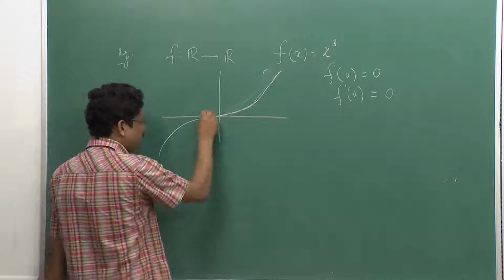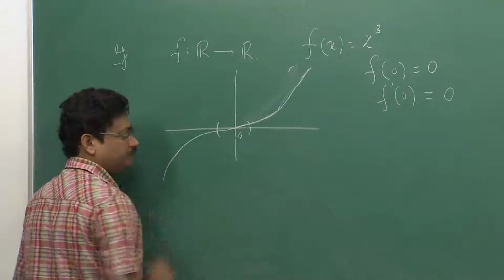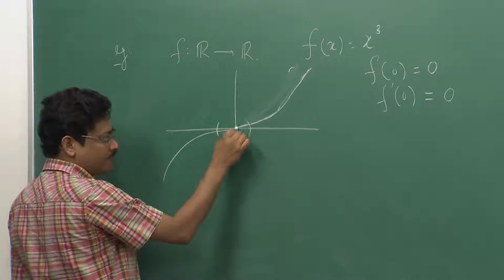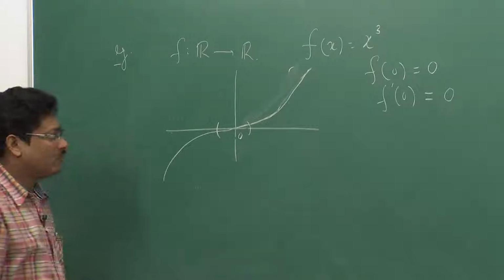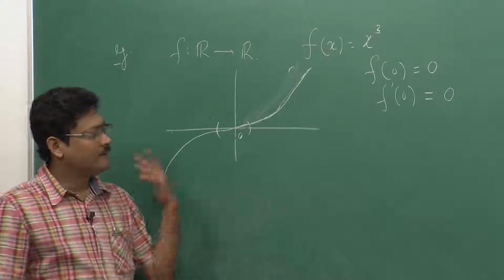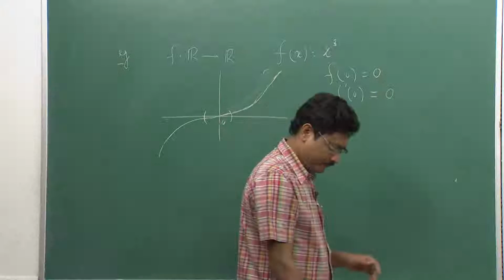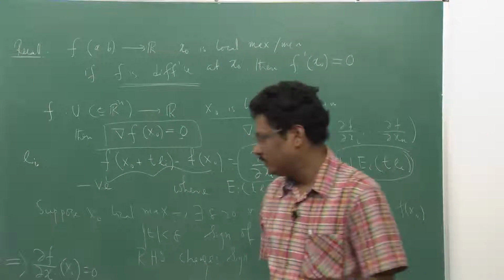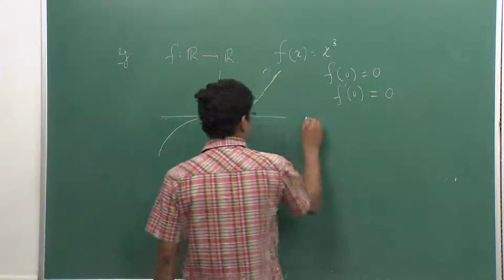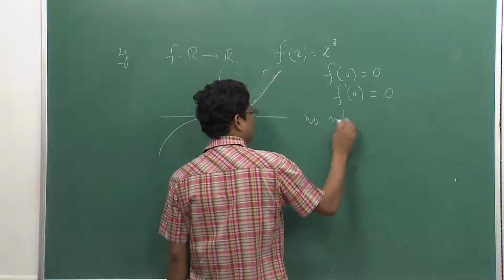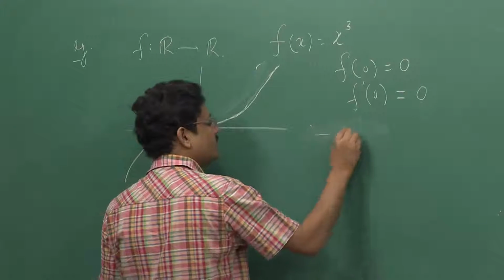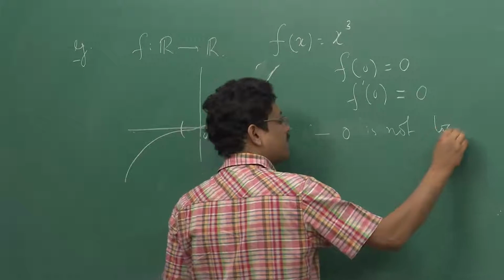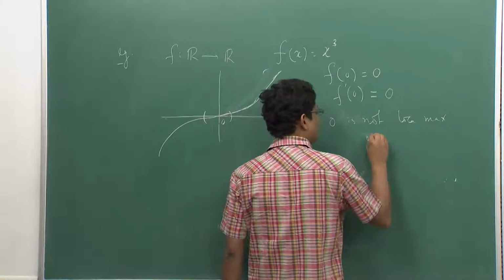But if you take any neighborhood around 0, on this side x is positive, so this is positive, on this side it is negative. So, there is no neighborhood where f at 0 is bigger than or less than every point in the neighborhood of 0, right, no neighborhood. So, in general I can conclude 0 is not a local maxima or local minima.